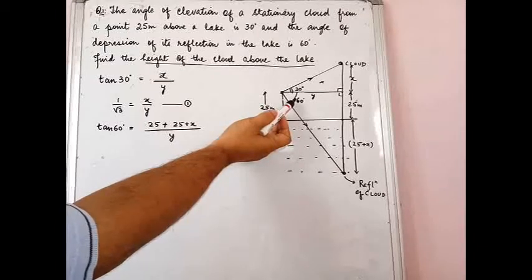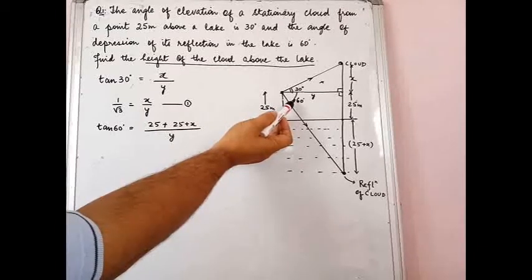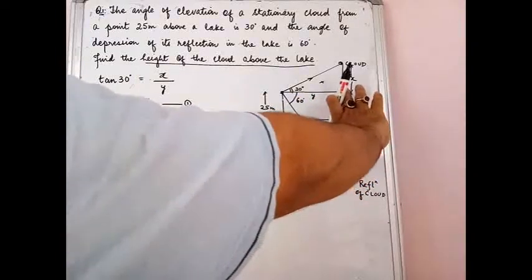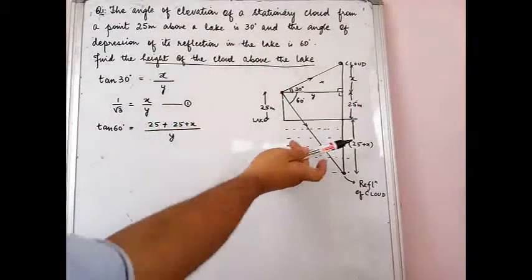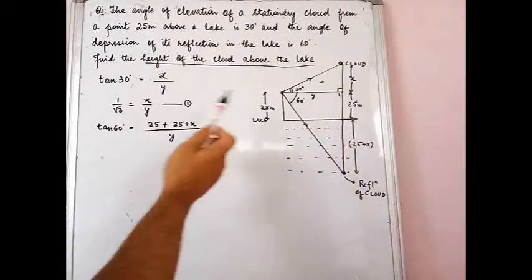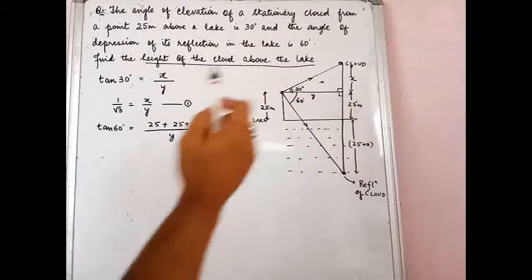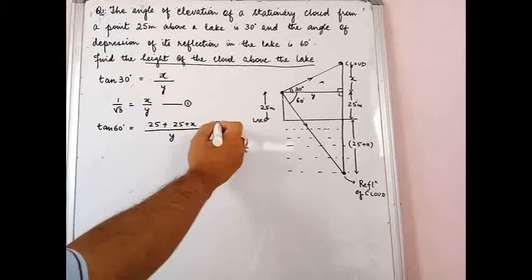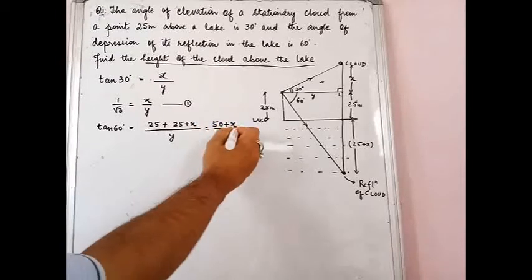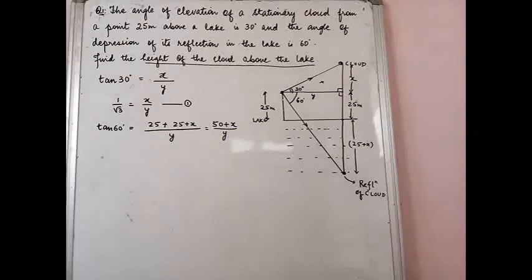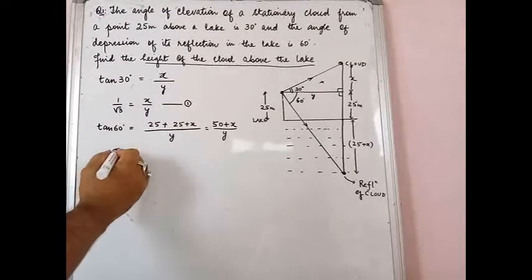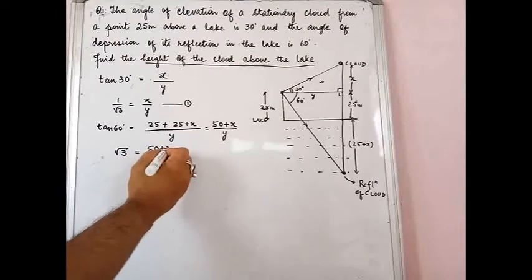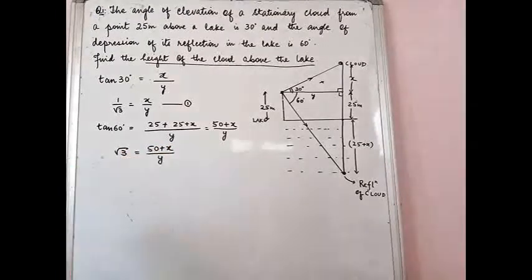So tan of this angle is going to be perpendicular upon base. What is perpendicular for this particular angle? This entire thing is perpendicular and this thing is the base. So 25 plus 25 plus x is the perpendicular and base remains y itself. So this becomes 25 plus 25, obviously 50, plus x upon y. What is tan 60? Obviously tan 60 is root 3, so this becomes root 3 equal to 50 plus x upon y.